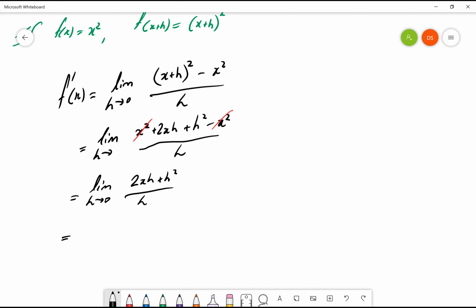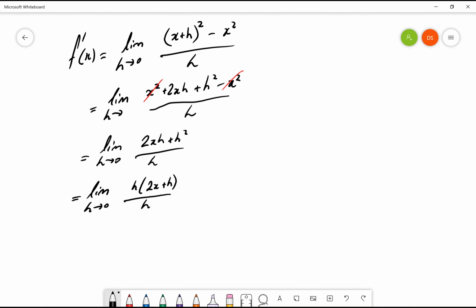So we don't want to divide by 0. And if there isn't a divide by 0, we can plug in h equals 0. So what I'm going to do is factorize the top. Factor an h out. So I've got 2x plus h. And that's really cool. And what I'm going to do is write that as h over h times 2x plus h.